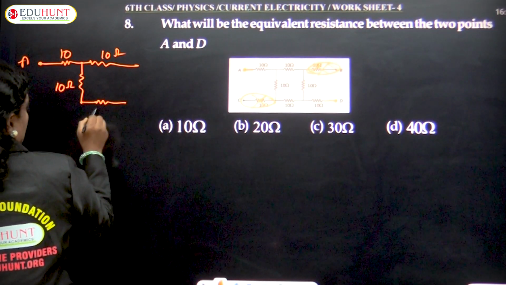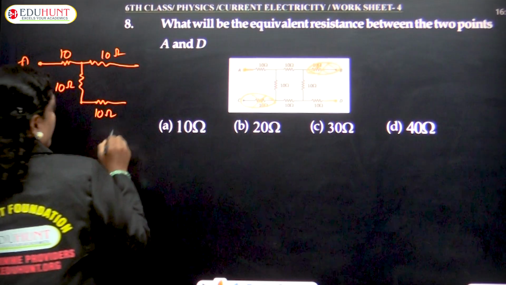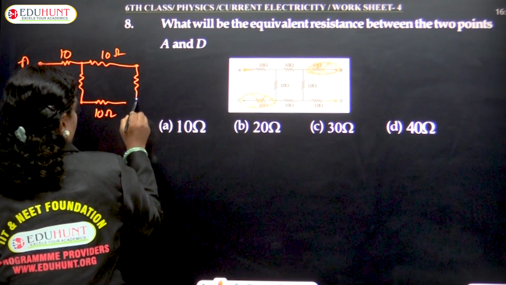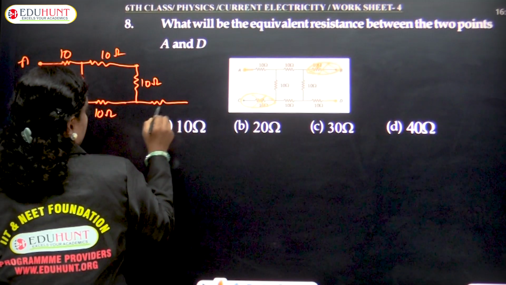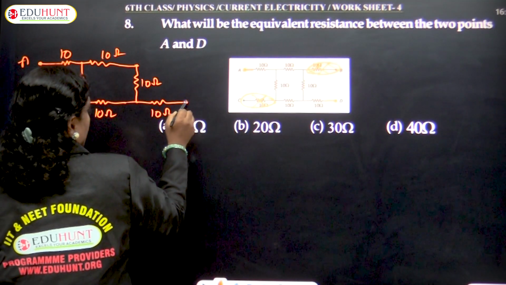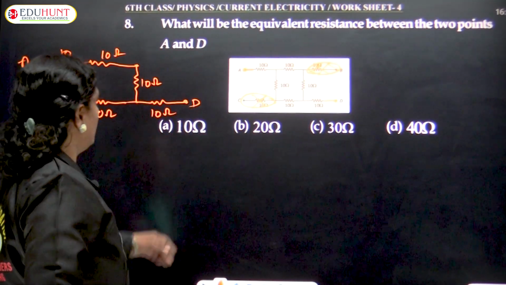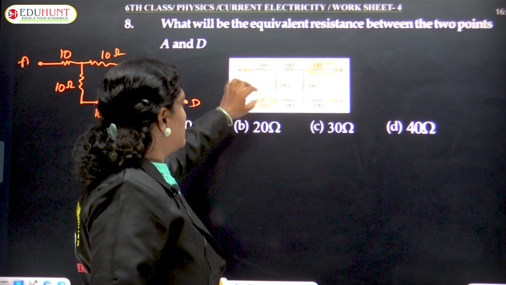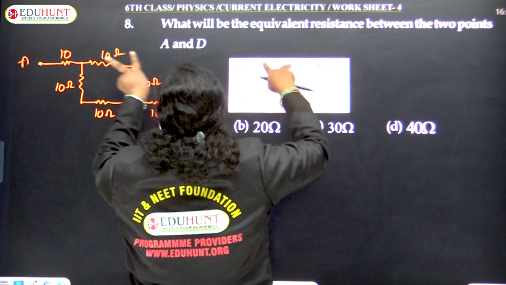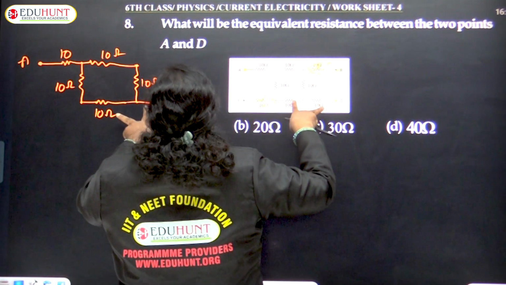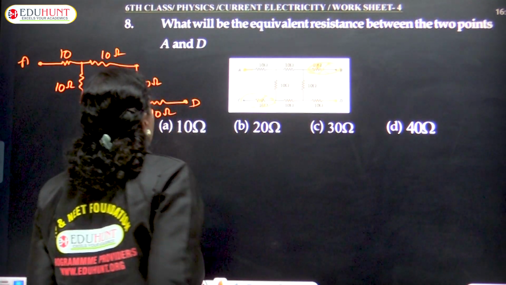Further 10 ohm, 10 ohm to D. I just eliminated the C resistors and B resistors. So, what are you left with? 10 and 10 up, 10 and 10 bottom and 10 and 10 parallel.